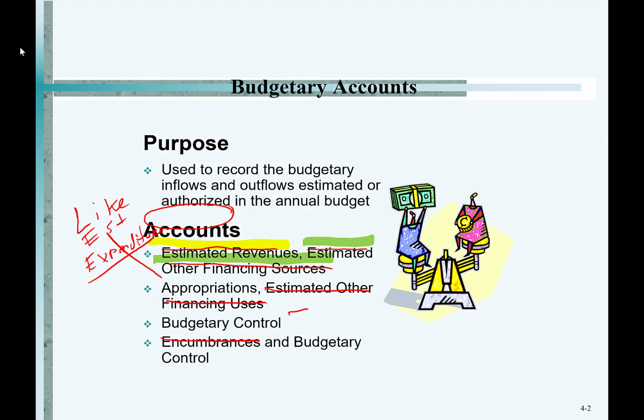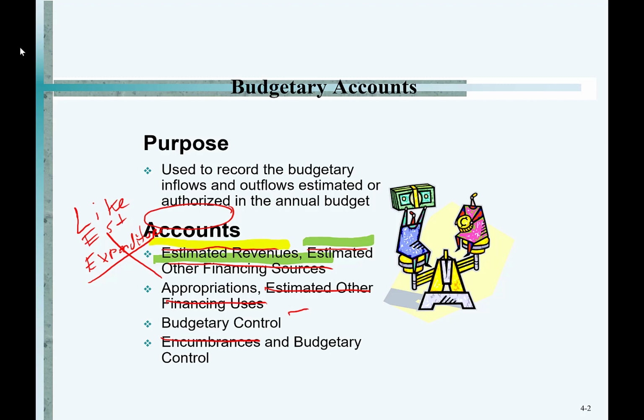Okay? Now, we're going to be using an account called budgetary control. Budgetary control is a placeholder for what we're thinking our fund balance will end up being. So if we have more estimated revenues and estimated other financing sources than we do appropriations and estimated other financing uses, we're going to have some money left over, aren't we?